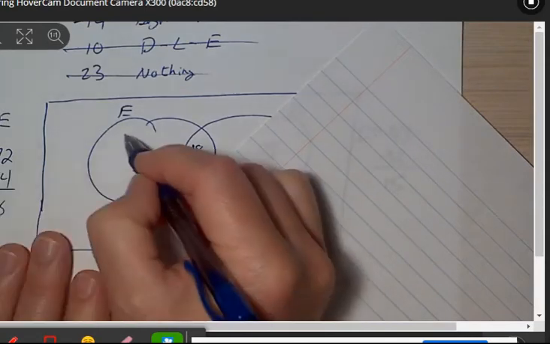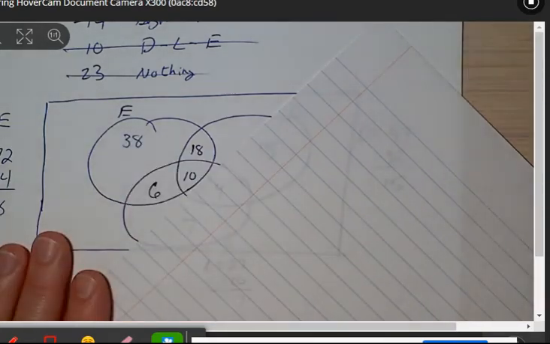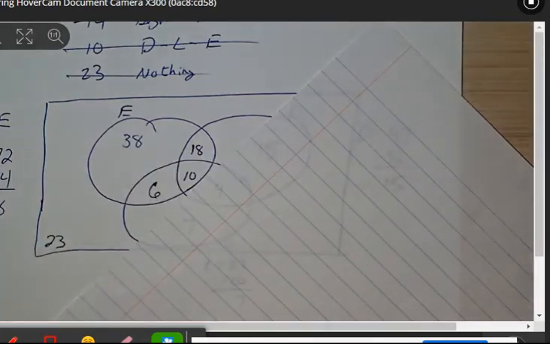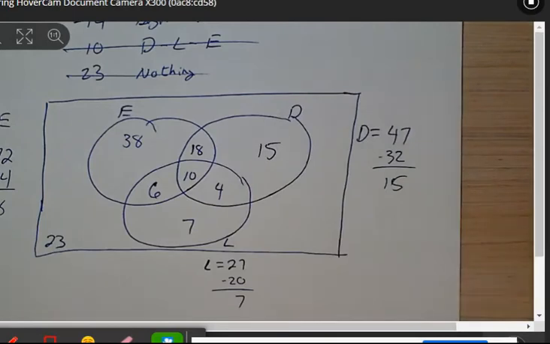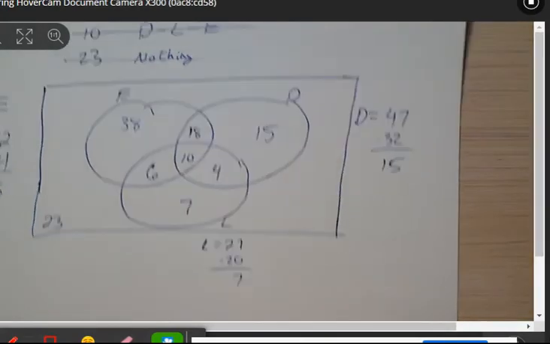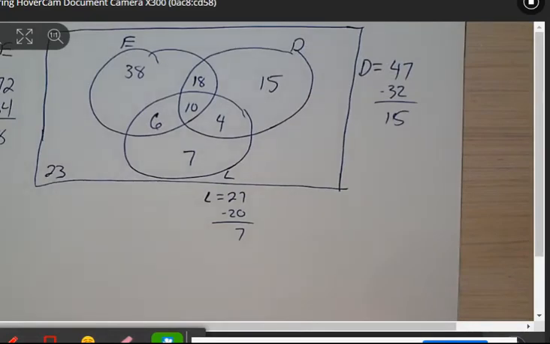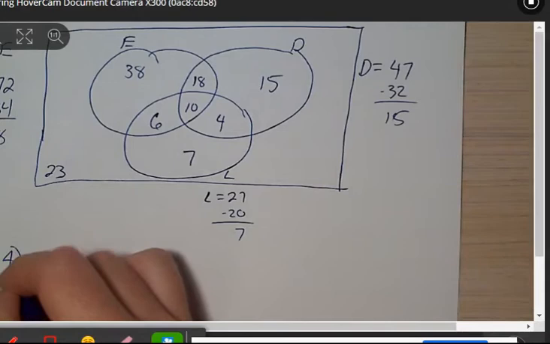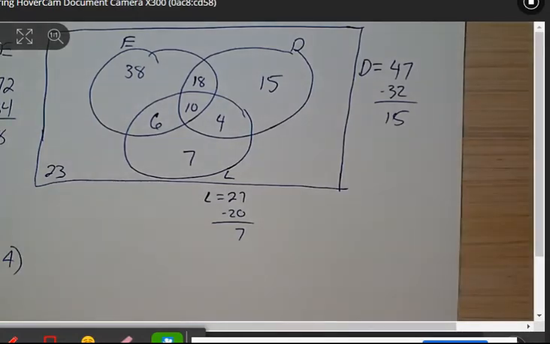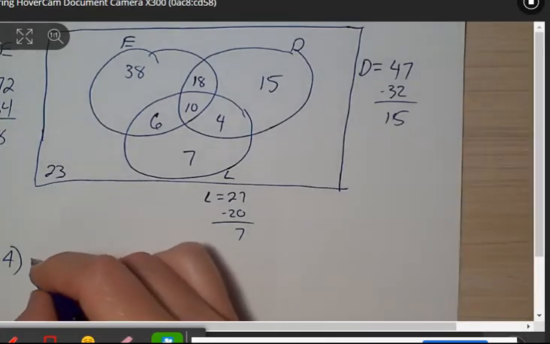So then there were 38 people that had just experience. And then once you've got those filled in, then the questions are going to ask you to do something based on that chart. Okay, so the questions were, just said how many applicants total?